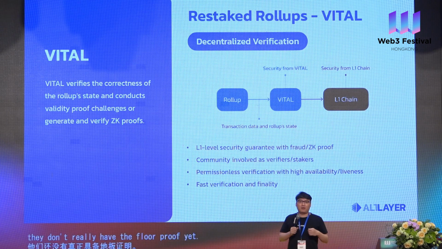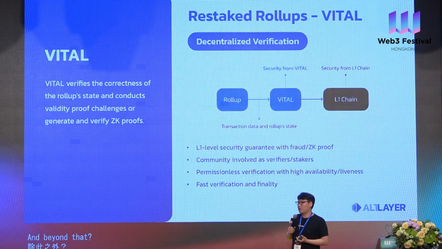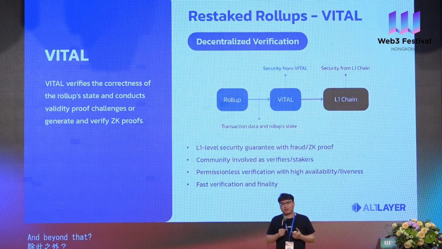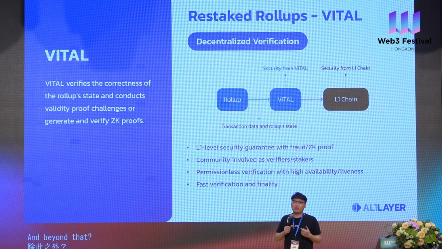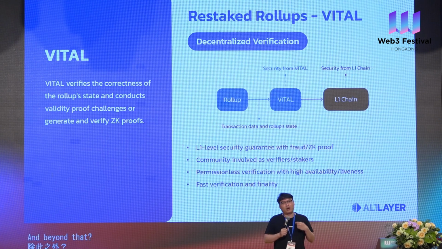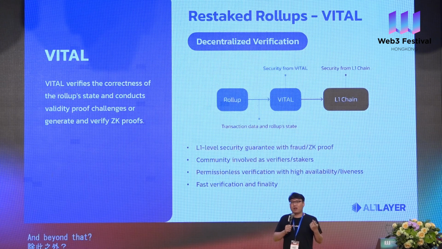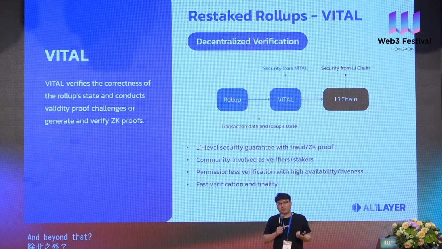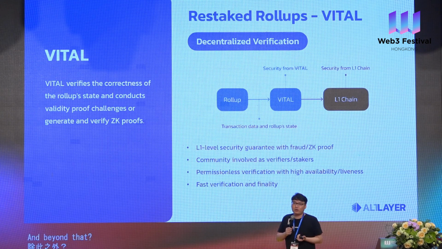And for some big projects like Optimism, Arbitrum, or even Coinbase Base, we know they are big projects with very good backers, so they don't behave maliciously. But for some new projects, like app chains or gaming and social rollups, we probably don't really want to trust them. It's a single sequencer, and even if they have the fraud proof or ZK proof, we don't know them.